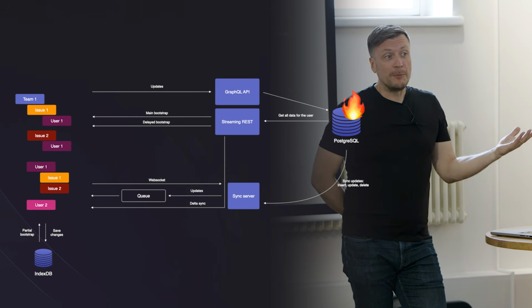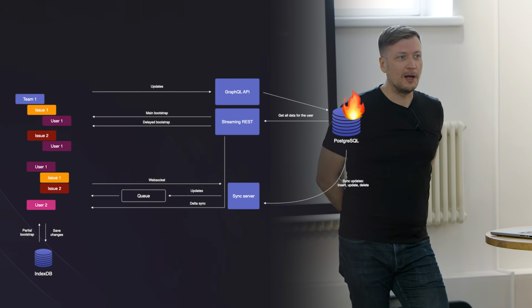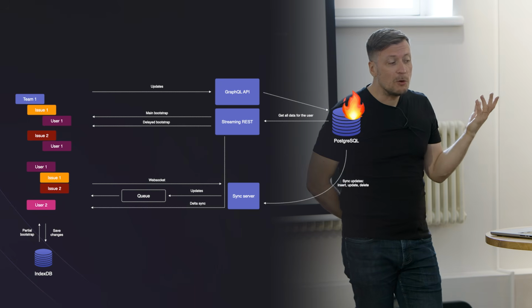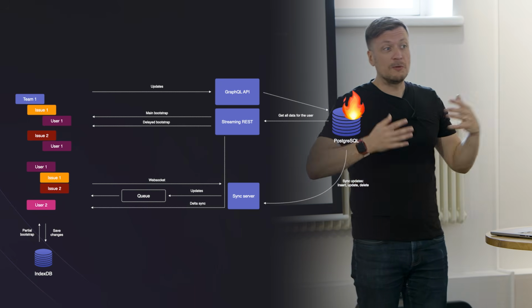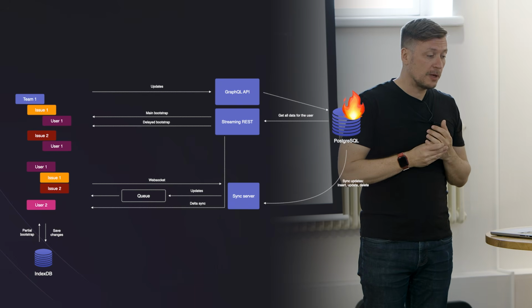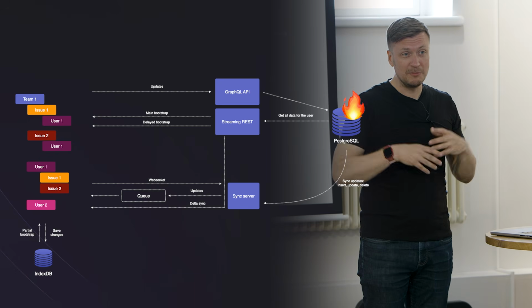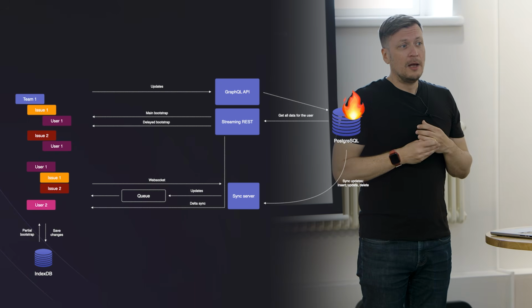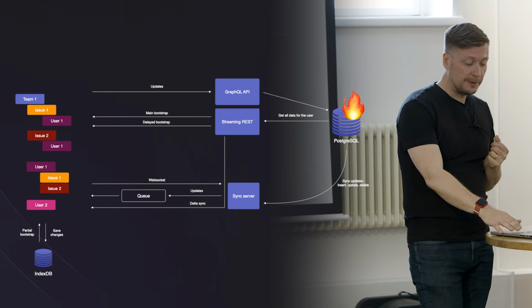So the problem here was that those bootstraps were becoming very hard on the database. We had no problems catching up with mutations and all the changes that clients were making, but clients were making full bootstrap requests pretty often, and we were increasing our user counts. So the database started just going nuts. We increased the size of the database to a huge one, and still had problems with it.